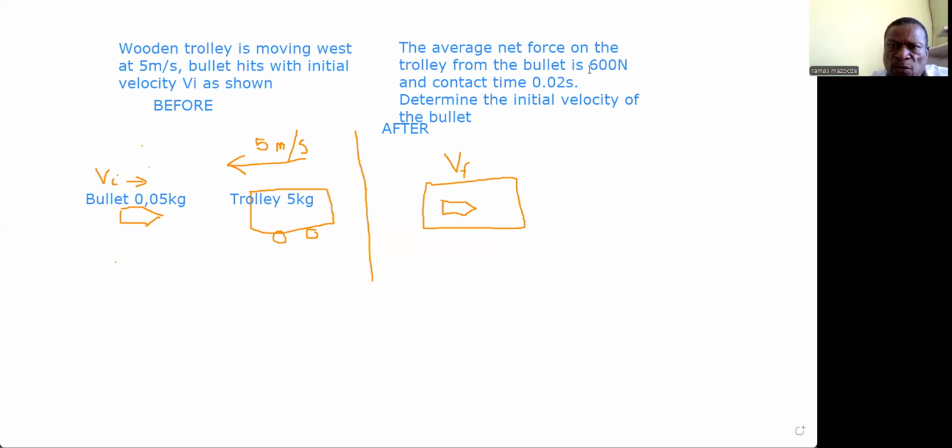So, because we are given the net force, we are going to apply this equation here, which is Newton's second law: the F net is equal to the rate of change of momentum.